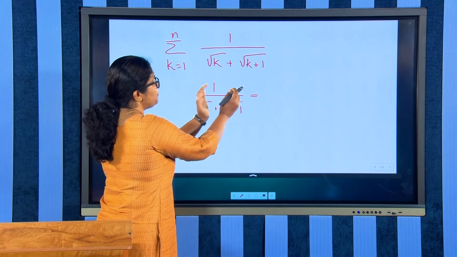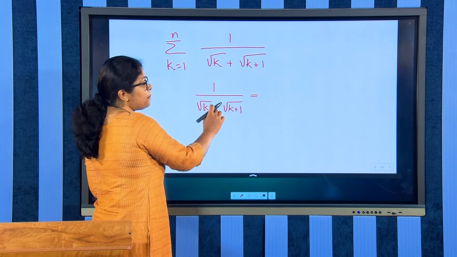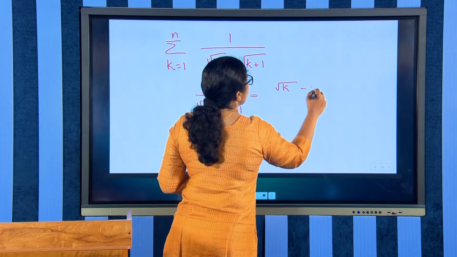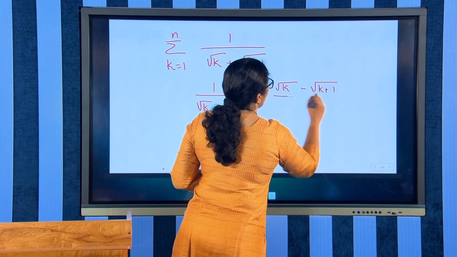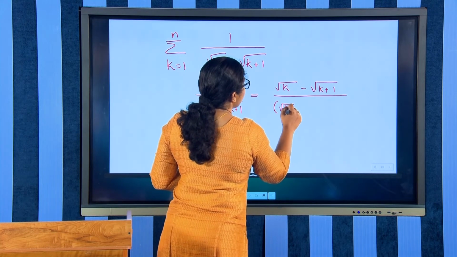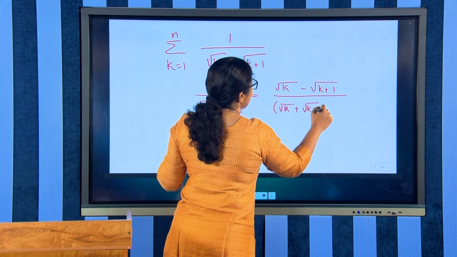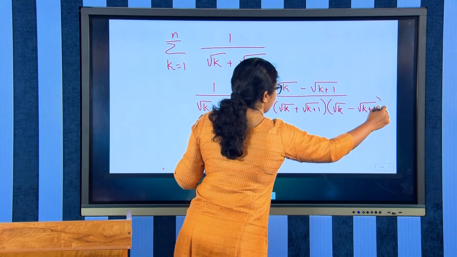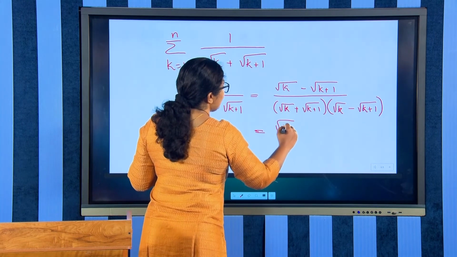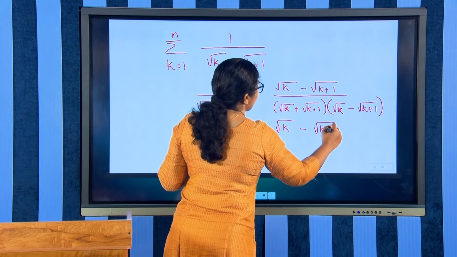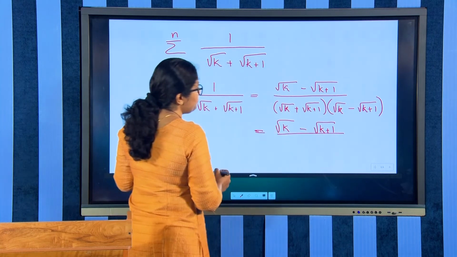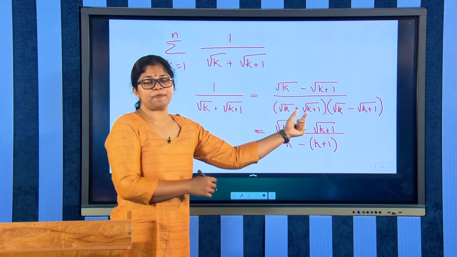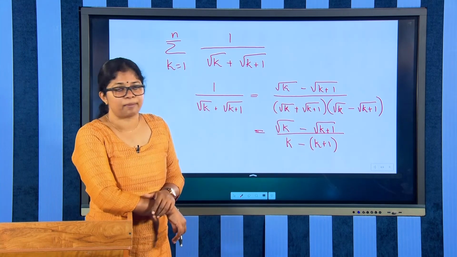So, on multiplication of both numerator and denominator with the conjugate root k minus root k plus 1, you are getting root k minus root of k plus 1 whole divided by k minus k plus 1, because it is of the form a plus b into a minus b, which gives you a square minus b square.